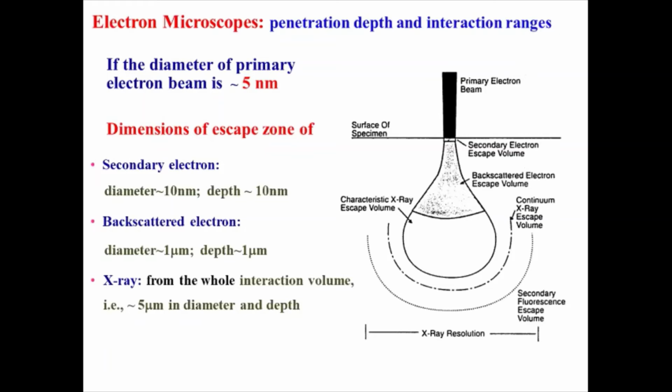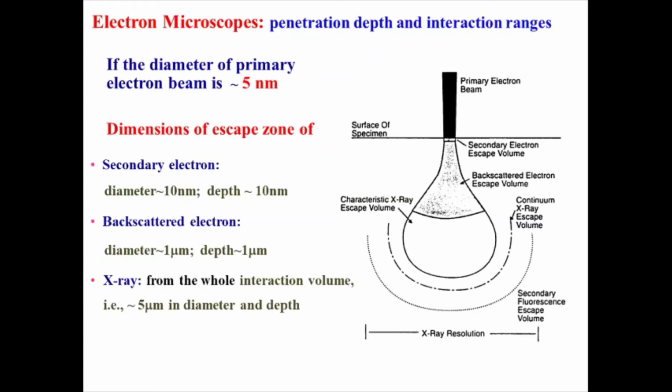So different electron detectors, biased at different voltages and placed at different positions, enable us to discriminate or identify or collect the desired output.